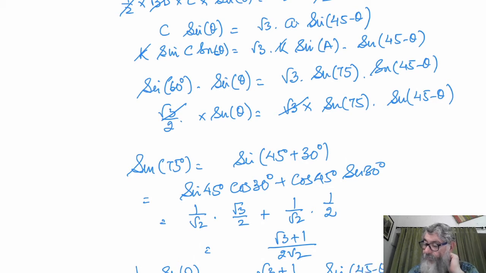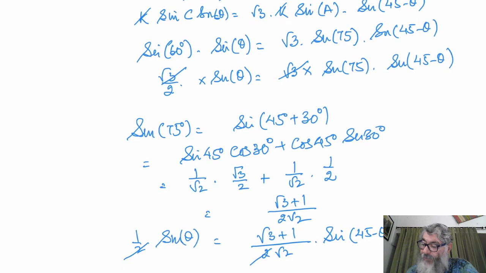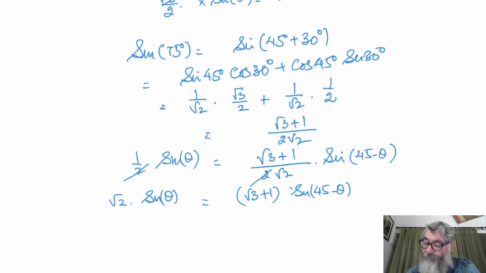The 2 will cancel with the 2, and we get root 2 sine theta equals root 3 plus 1 times sine 45 minus theta. Now sine 45 minus theta means sine A minus B.